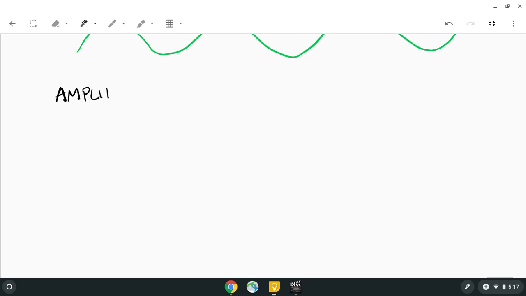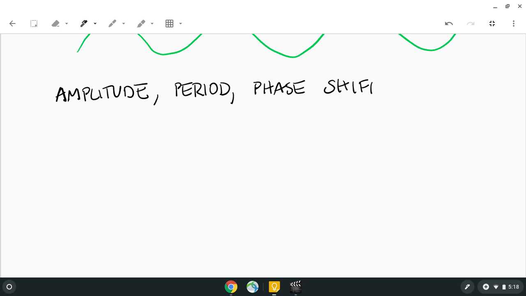And the period, which is like your frequency. So you might have this one with a longer period, whereas this one might have the same amplitude, but it has a shorter period.